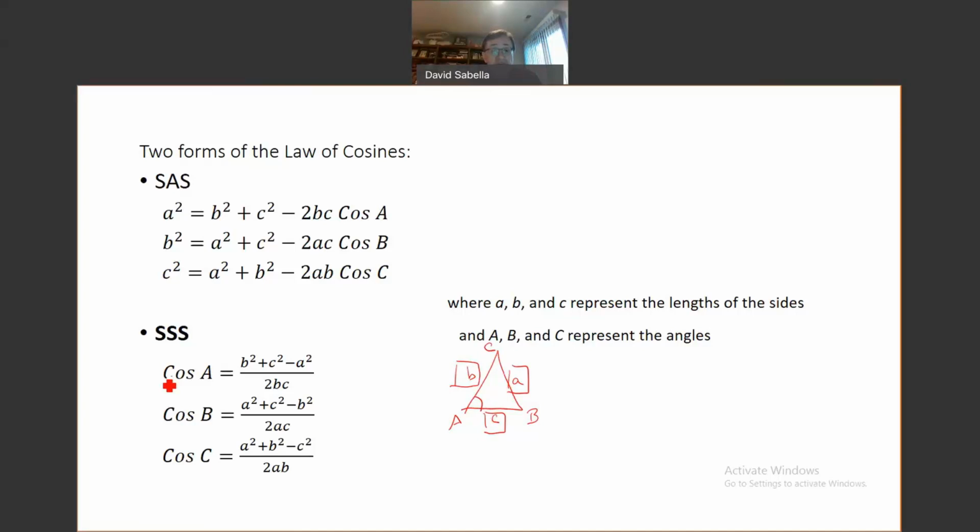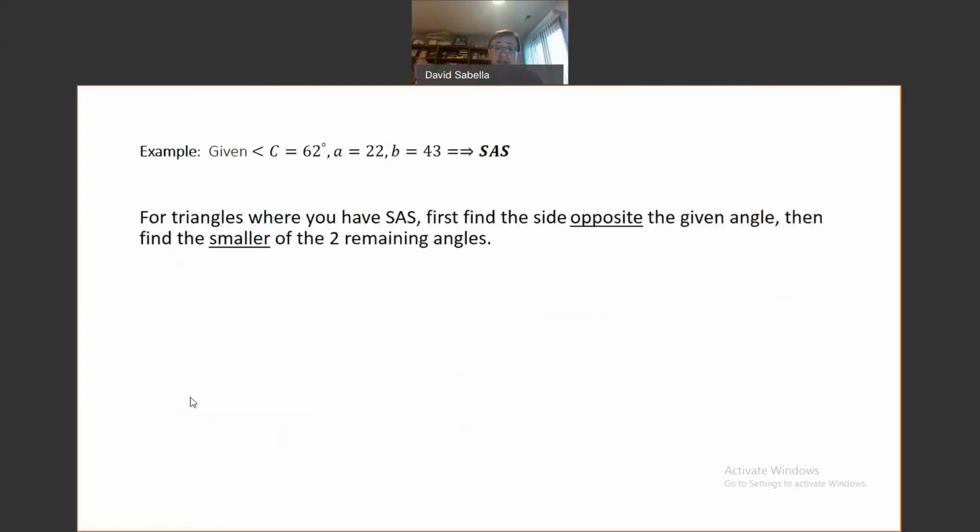So we would use the second form. They're all the same depending on what angle you're looking for. You would plug in the value for B, you would plug in the value for C, and you would subtract out the value for A, all over 2 times B times C. And then you'd be able to find angle A. You'd have to use the inverse trig function, but you'll see how we do that in a minute. Let's do an example.